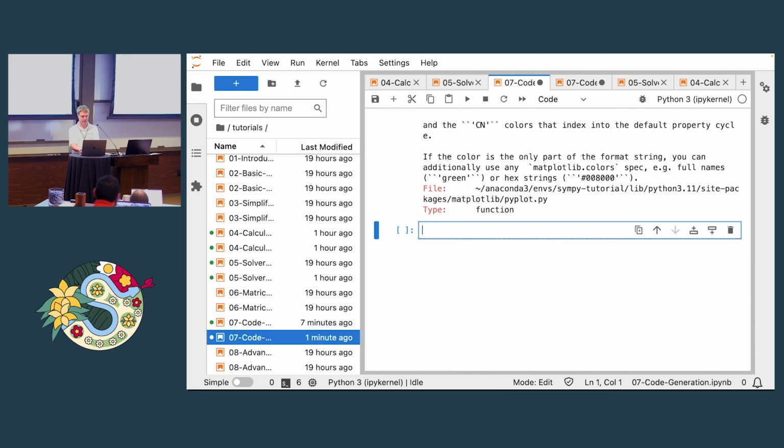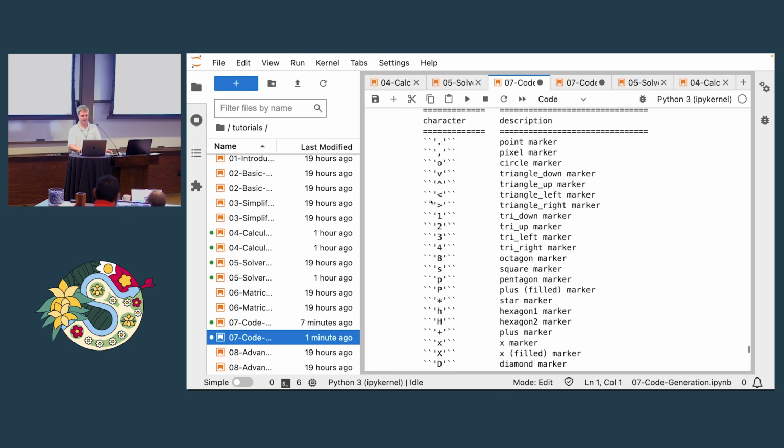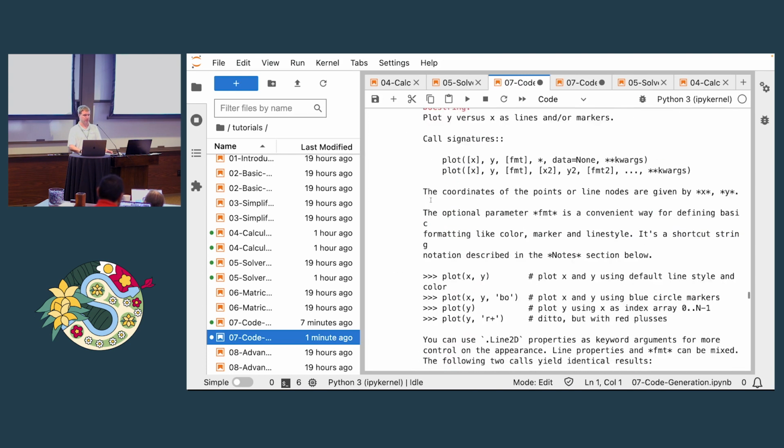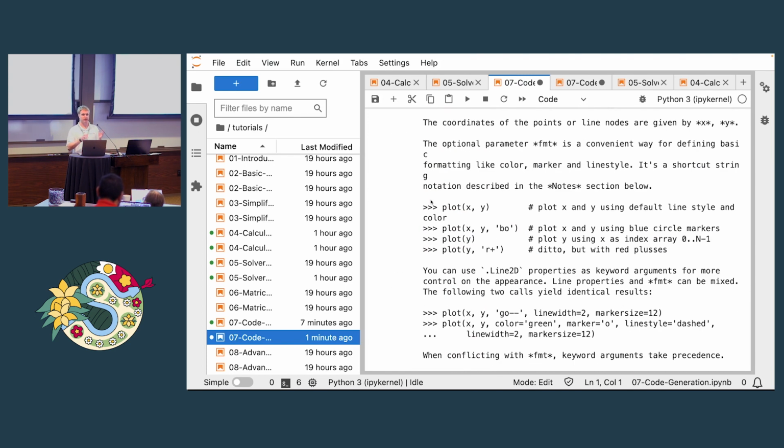Even just the options to the plot function, there's a ton of stuff. And of course, if you know how to use matplotlib, you can directly manipulate the plot once it's created. So yeah, hopefully this gives you an idea of some of the power of code generation and the lambdify function.